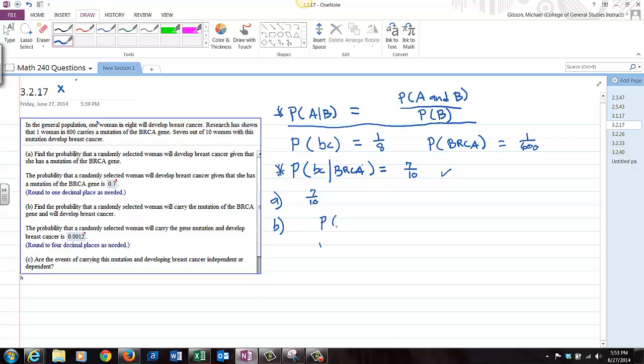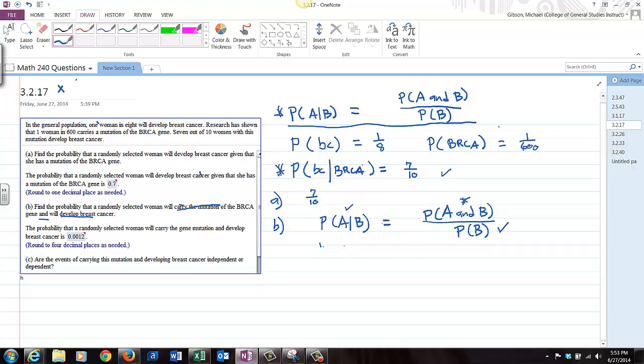The probability of A given B equals the probability of A and B divided by the probability of B. Now, what's the probability that she will carry the mutation and will develop breast cancer? In other words, they're asking us for the A and B. The thing you need to see to get this right is they've given us the other two pieces of this equation. So we can plug these in and solve for the one we want, all right?